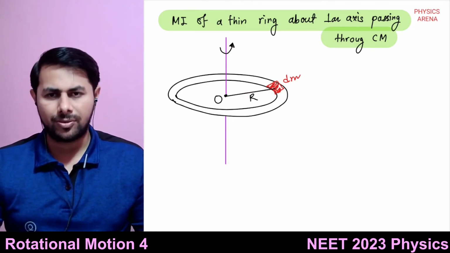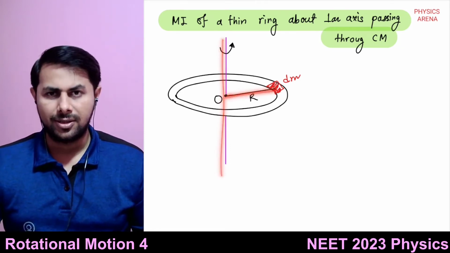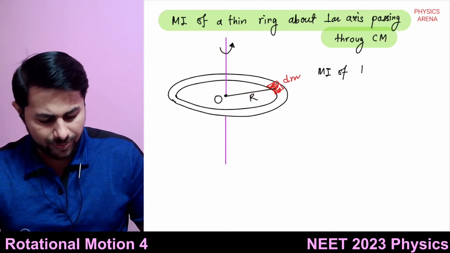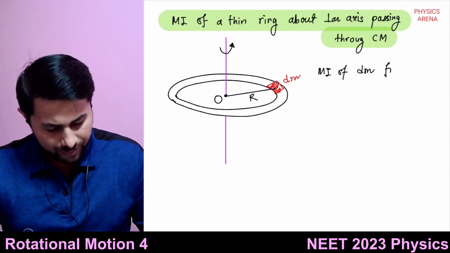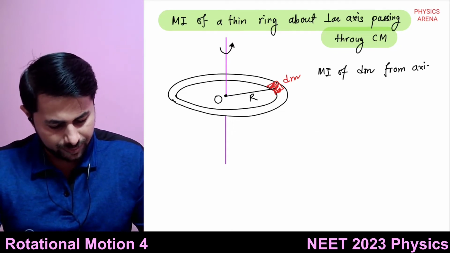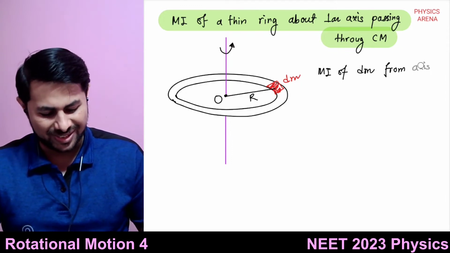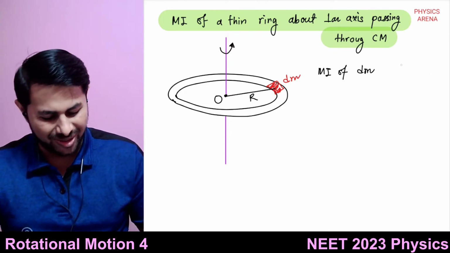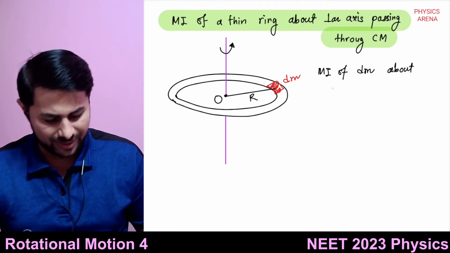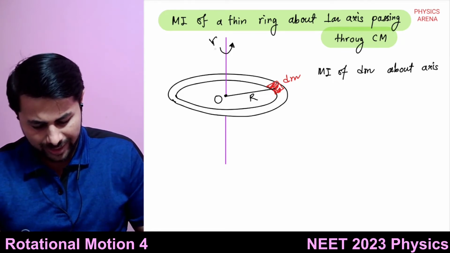So how much would be its moment of inertia about this axis, because this is the perpendicular distance from this axis? The moment of inertia of dm about the chosen axis, let's call it y prime.